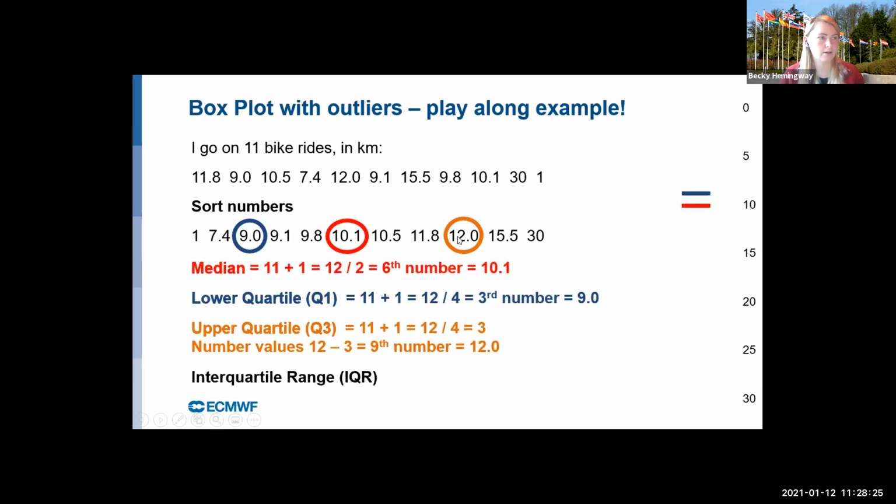And we get to our upper quartile is 12. So that's our ninth number that we're looking at here. And again, we plot that. Interquartile range, quartile 3 minus quartile 1. That gives us 12 minus 9. So our interquartile range is 3. And that is important for the next step when we're looking at outliers.